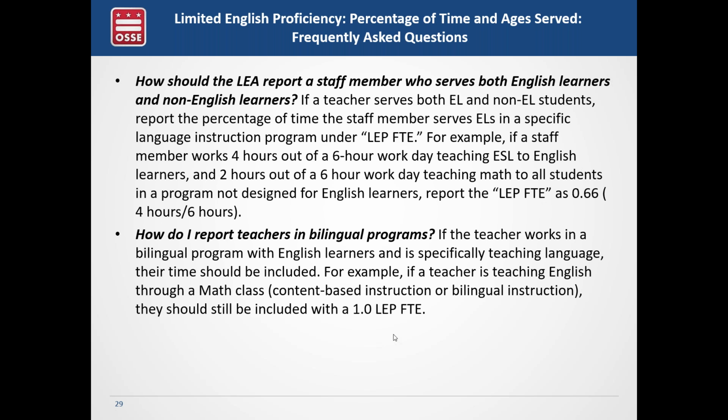So they're a leaver for their special education role, but they are a returner for their social studies role. And you should indicate the new percentage of time the person is working now as a social studies teacher.